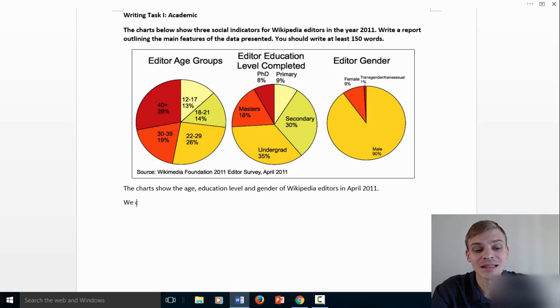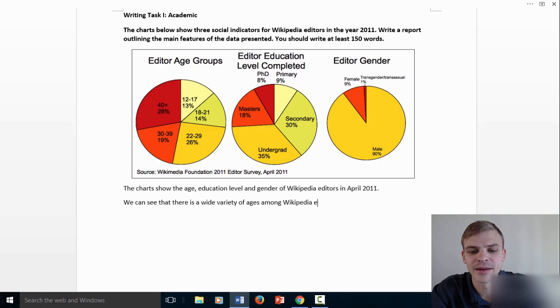You could say, we can see, ages, that there is a wide variety of age groups or ages among Wikipedia editors.